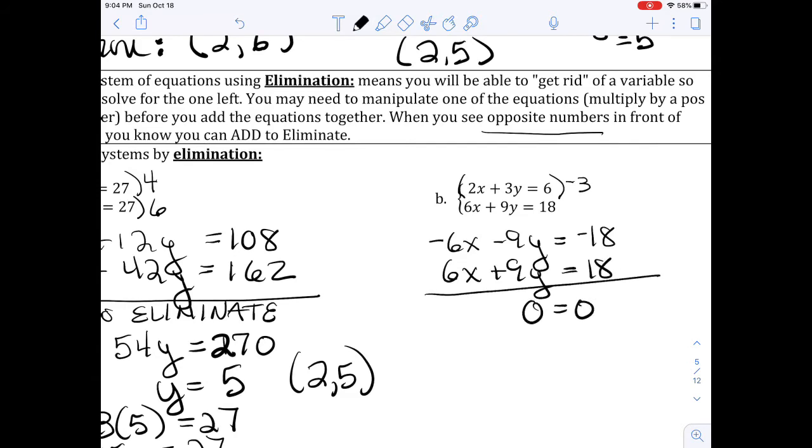And what happens is both of the variables drop out, and I end up with a true equation. 0 does equal 0. This is an indication that those two equations were exactly the same line if you were to graph them. So these are the same line, okay? Infinitely many solutions.